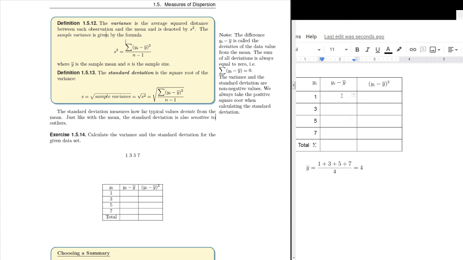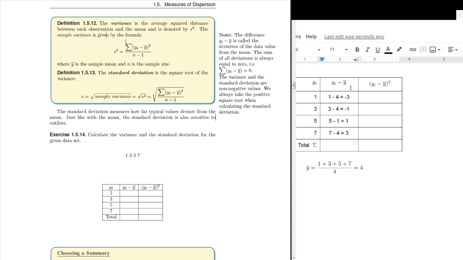So 1 minus 4 gives us negative 3. 3 minus 4 gives us negative 1. 5 minus 4 gives us positive 1. And 7 minus 4 gives us positive 3.